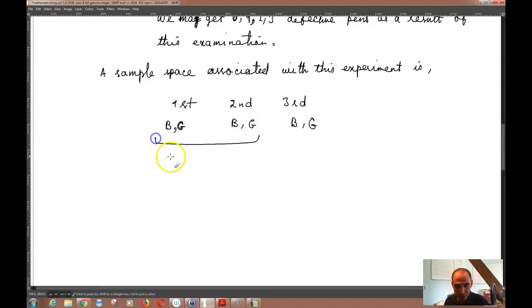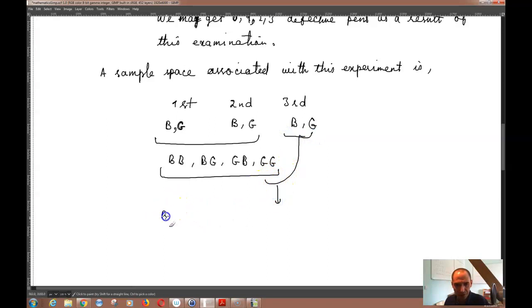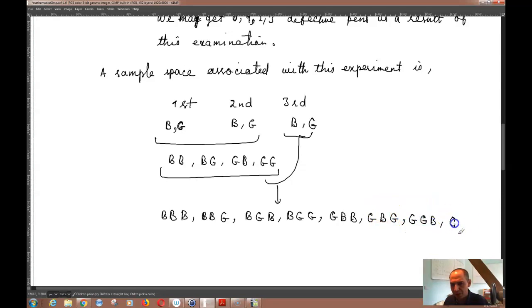Now combining these together, you will get BB or BG or GB or GG, and then combining these four with these two, you will get BBB, BBG, BGB, BGG, GBB, GBG, GGB, and GGG.